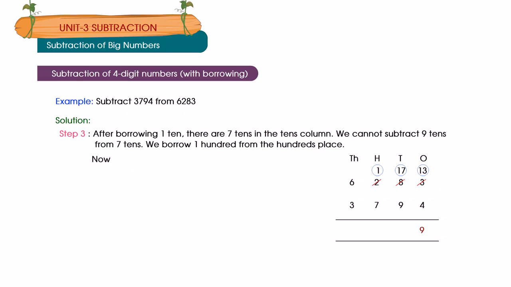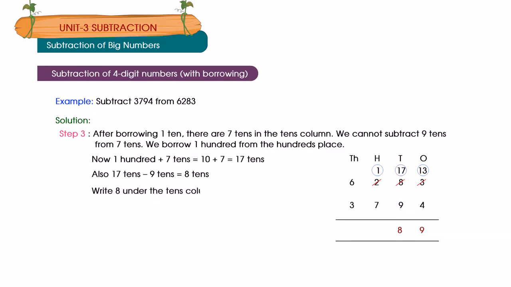Now 1 hundred plus 7 tens is equal to 10 plus 7 is equal to 17 tens. Also 17 tens minus 9 tens is equal to 8 tens. Write 8 under the tens column.